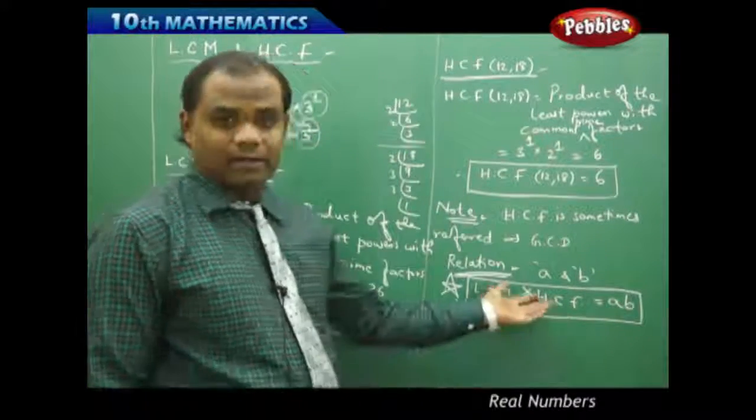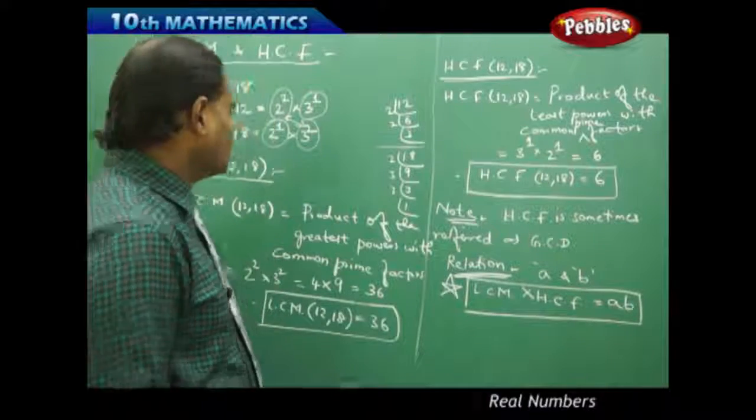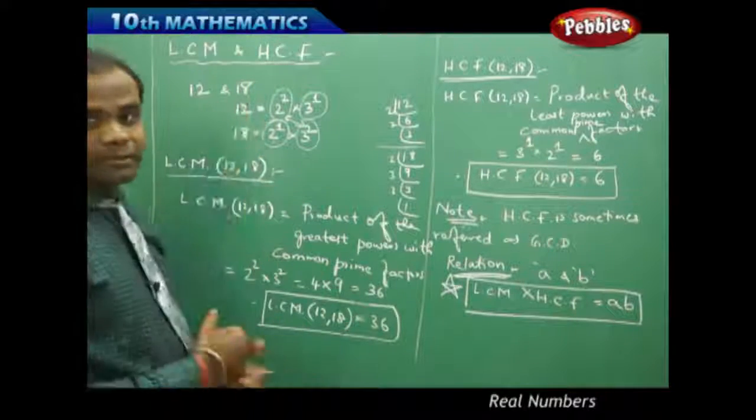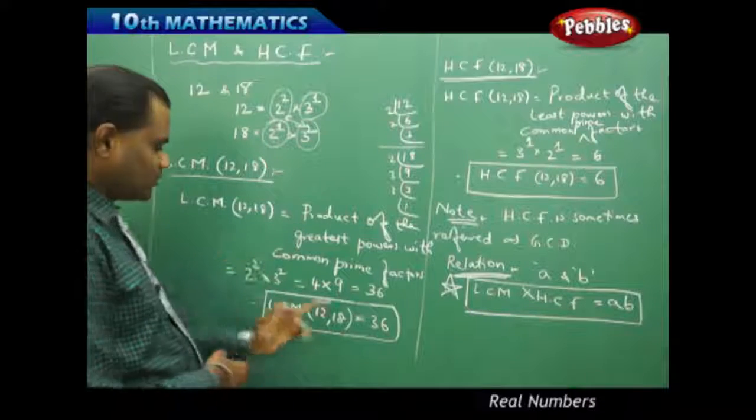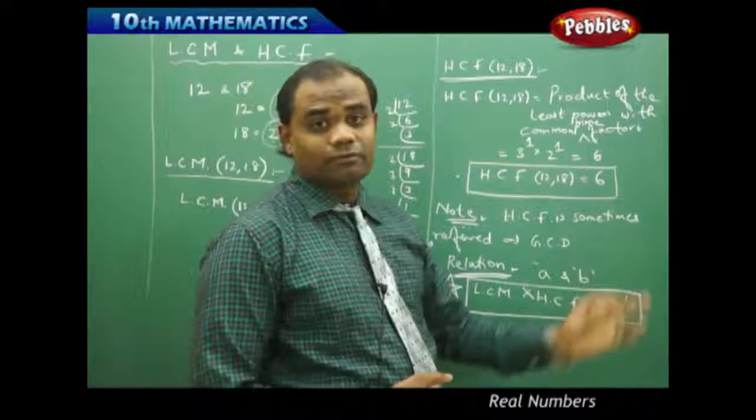This can be verified using the previous example, where A and B are 12 and 18 respectively, and the LCM is already found to be 36 and the HCF is already found to be 6.